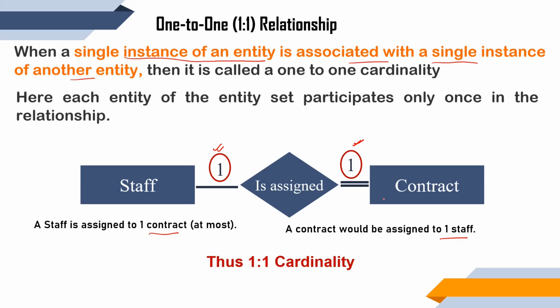But maybe that staff is not a contractual staff, isn't it? So there is partial participation. But for a contract, you can see the double line, which indicates that whenever you have designed a contract, definitely that contract will be assigned to a staff. So there is total participation. Understood? So this is called a one-to-one relationship or one-to-one cardinality.